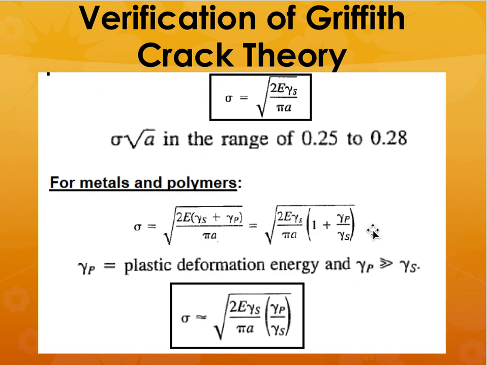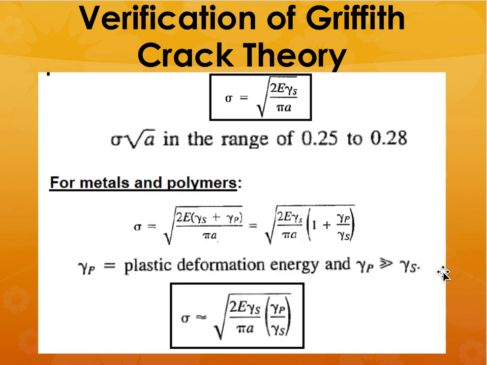So I'm not going to go over the derivation of these parameters and things like that. What you need to understand is that for metals and polymers, the stress is approximately equal to under root 2E gamma S. Gamma is the surface energy of the particular crack or particular failed material.